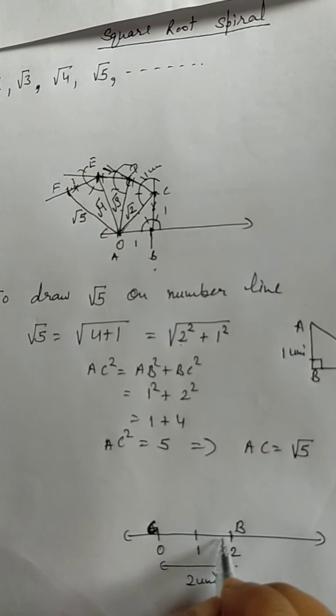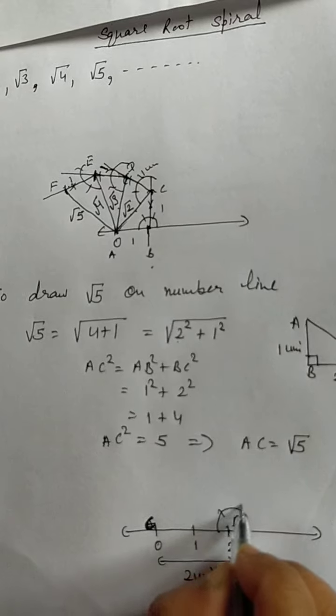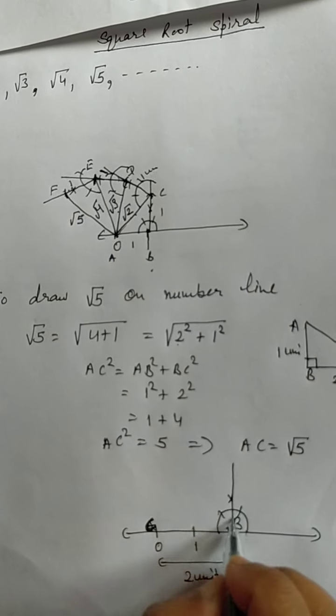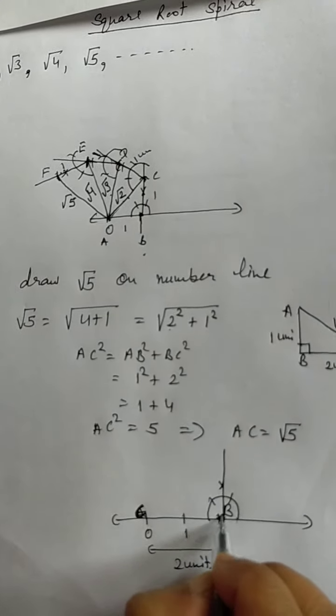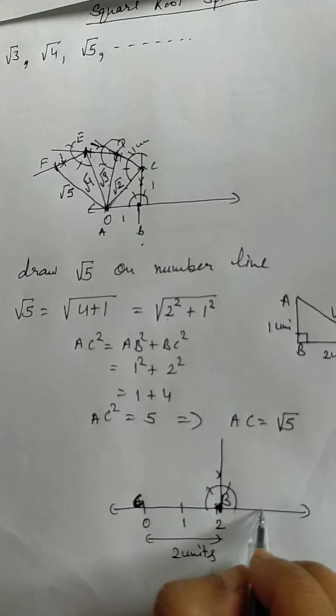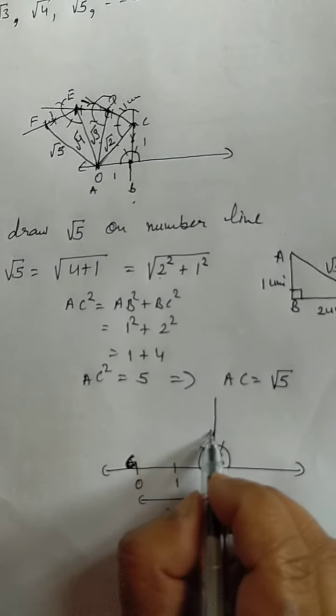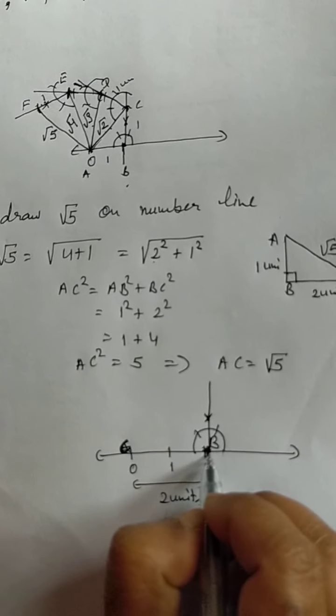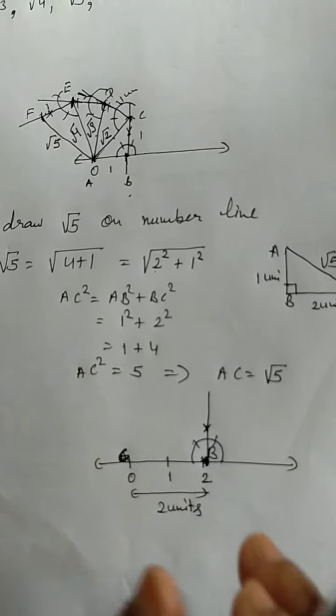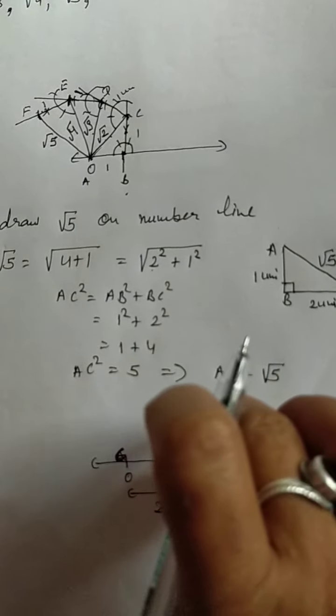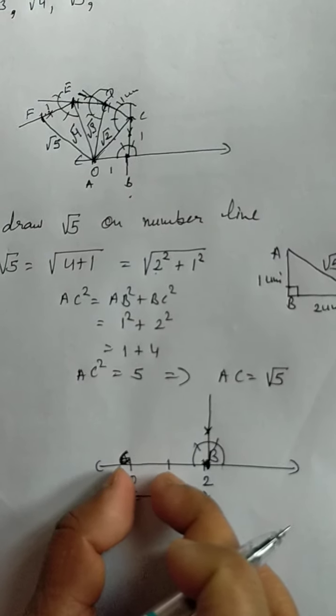At point B you draw an angle of 90 degrees. You draw an angle of 90 degrees with the help of compass, exactly at point 2, using a scale and compass. Then after drawing the angle equal to 90 degrees at B, you mark an arc of radius 1 unit. This is your 1 unit.